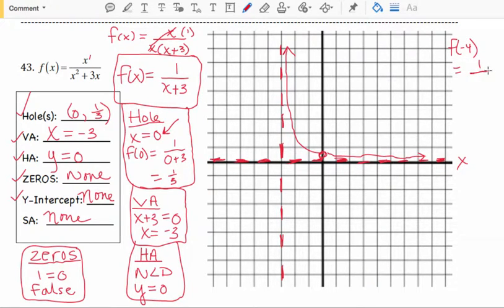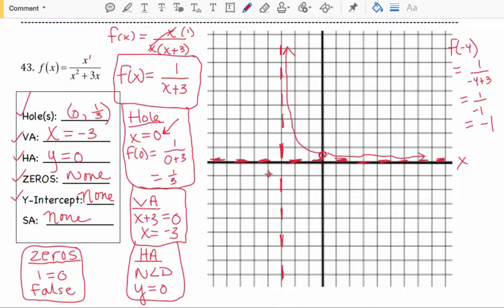So then I get 1 over -4 plus 3, which is 1 over -1, which is -1. So when we're over at -4, we are down at -1, and my suspicions are correct.